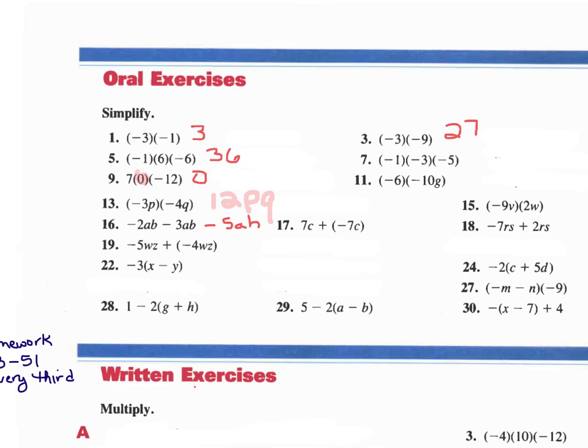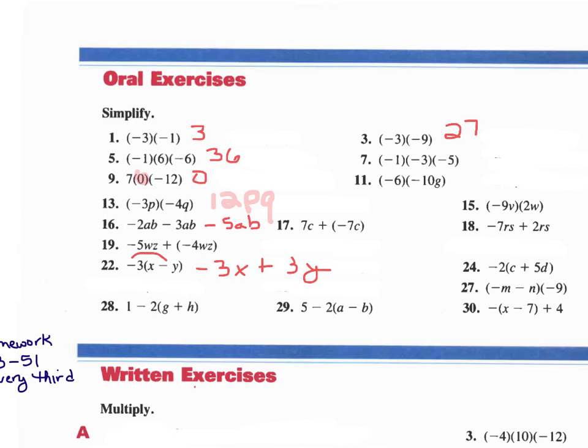Beautiful. All right, let's jump down to number 22. What do you get when you distribute that negative 3 to the x minus y? Beautiful, because negative 3 times that negative y will make it become positive 3y.